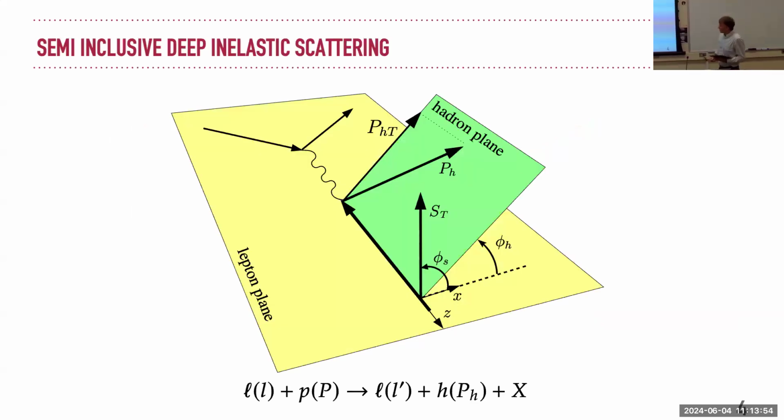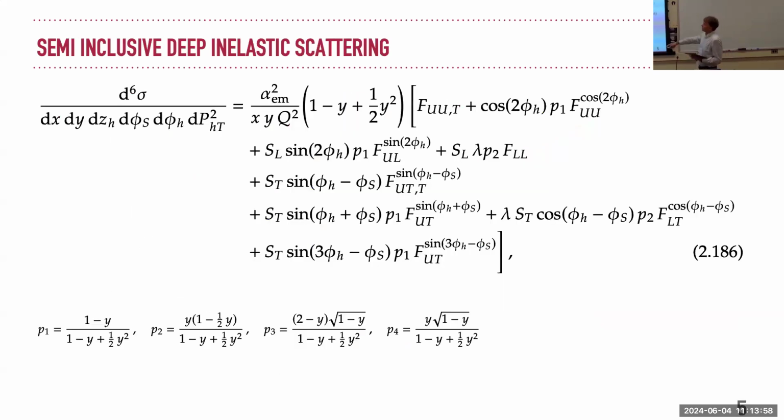Okay, so semi-inclusive scattering. Let me not dwell into structure functions, but structure functions are the possibility to actually use angles which are present in our measurements, azimuthal angles of the hadron and the spin, in order to disentangle things.